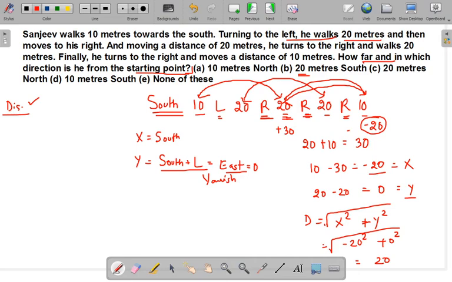The value of x is negative, so south will remain south. Answer is 20 meters south. So the distance here is 20. The direction is south.